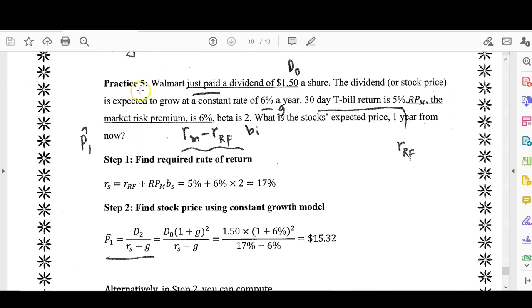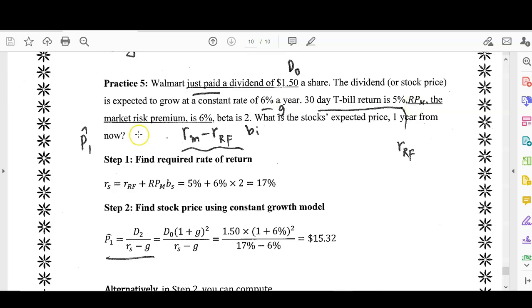Practice 5. Walmart just paid a dividend of 1.5. Just paid, already paid, means D0 is 1.5. Dividend grows at a constant rate G of 6%. The 30-day Treasury return, the risk-free rate, is 5%.